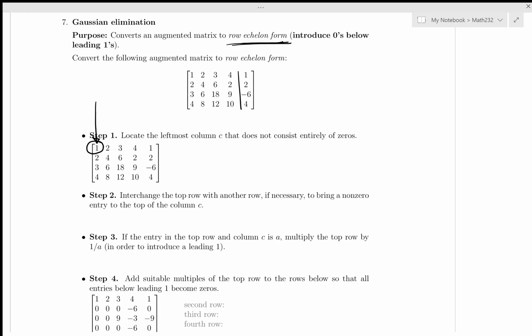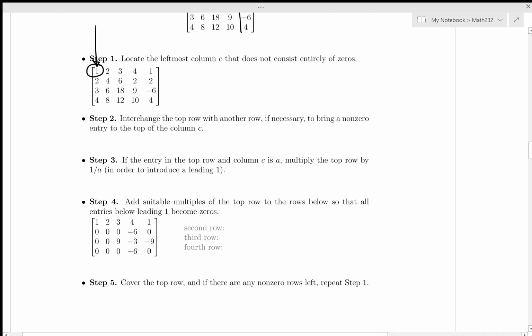Okay, then what we're going to do is add suitable multiples of the top row to the rows below so that all of the entries below leading 1s become 0. So the object of the game right here is to make all of these entries 0. How do I do that? I'm going to write it out here.